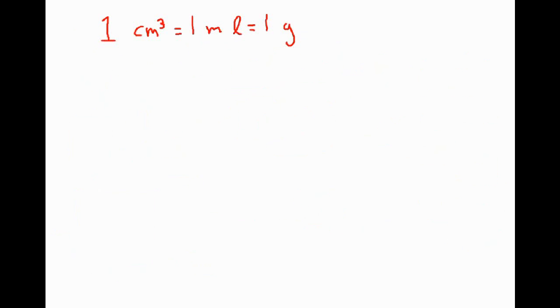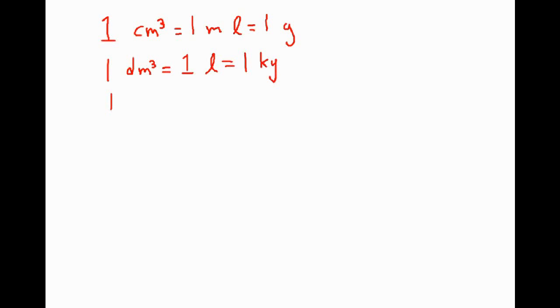If I have 1 decimeter cubed, that means I have 1,000 centimeters cubed, which means I have 1,000 milliliters. And 1,000 milliliters is the same as 1 liter. So 1 decimeter cubed is the same as 1 liter. And if I have 1 liter of water, that weighs 1 kilogram.